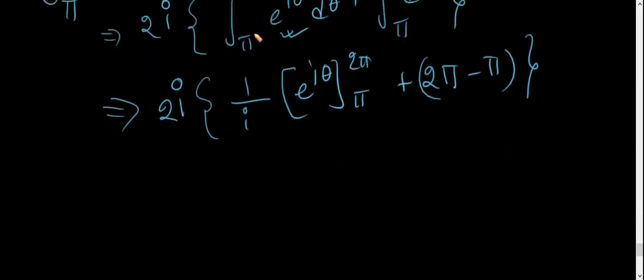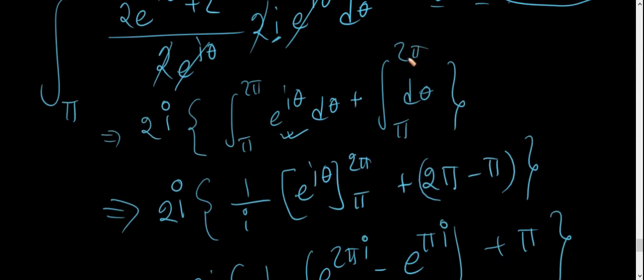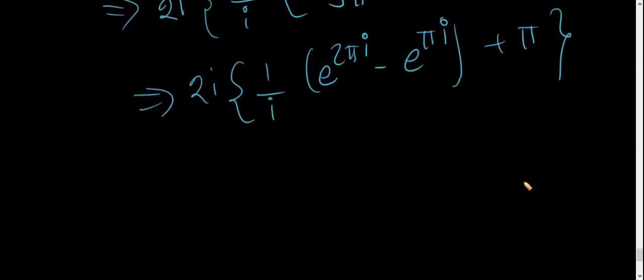Now you just have to put in the values. There is a 2i over here, 1 upon i times e to the power 2 pi i minus e to the power pi i, plus pi, because 2 pi minus pi is just pi. Okay, everything looks fine.